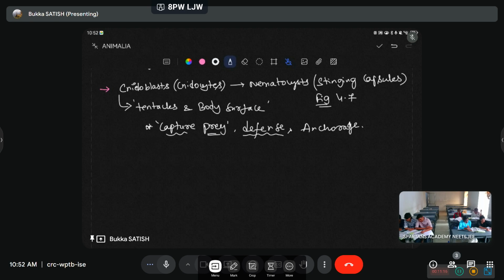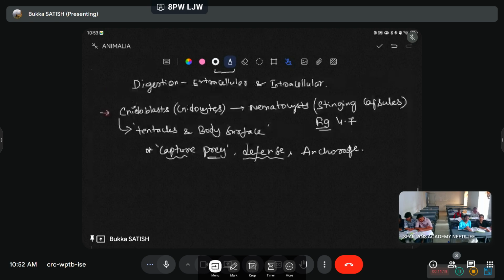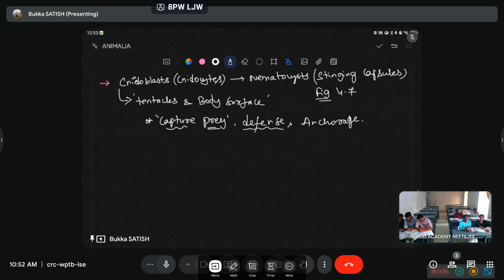Right. So this is about the digestive tract, which is anyhow incomplete, also called coelenteron. Apart from that, these nidoblasts are also helping in the capturing of prey. Right. The next one.